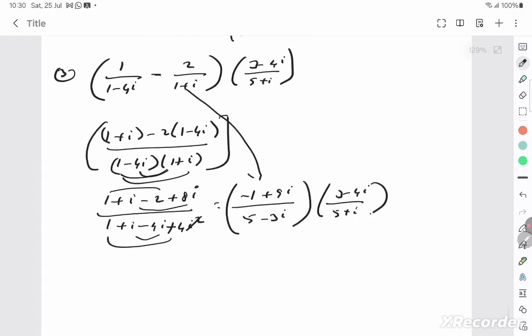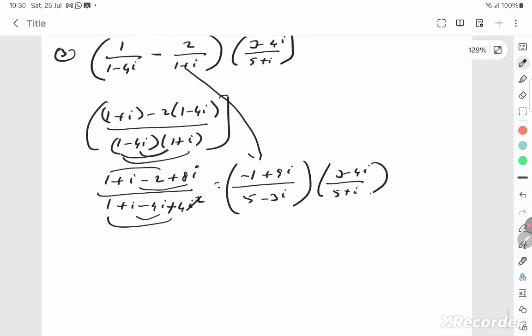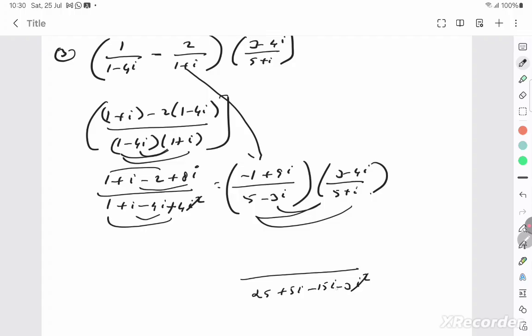So now again do the same multiplications. So you get 25 plus 5i minus 15i minus 3i square. i square is minus 1, so plus 3.